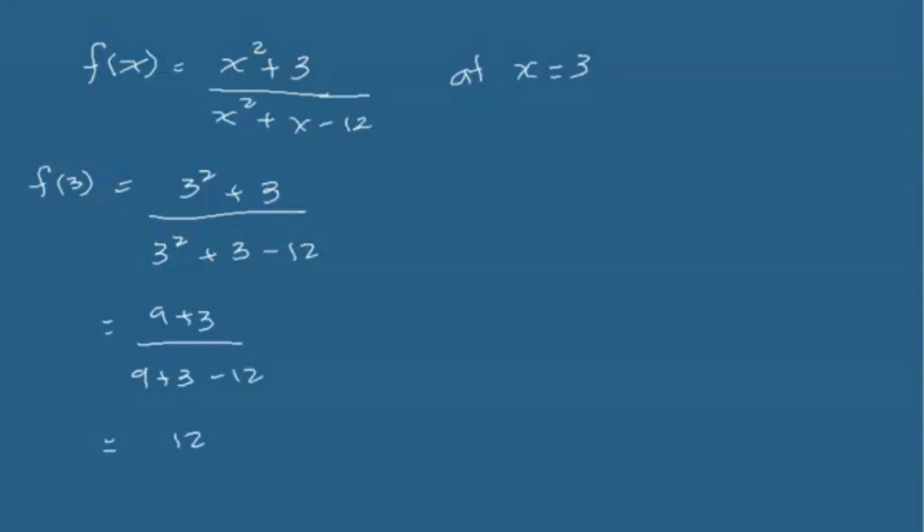So this is 12 over 12 minus 12. So we have 12 over 0.